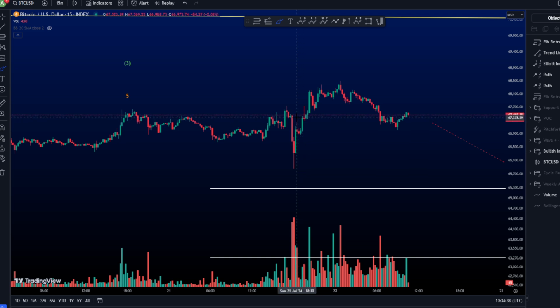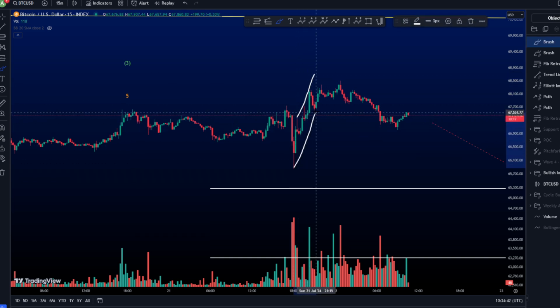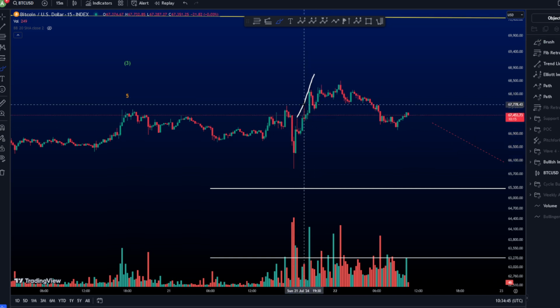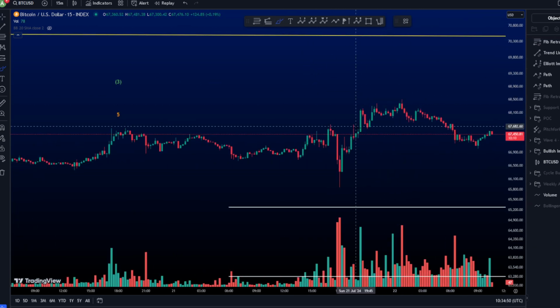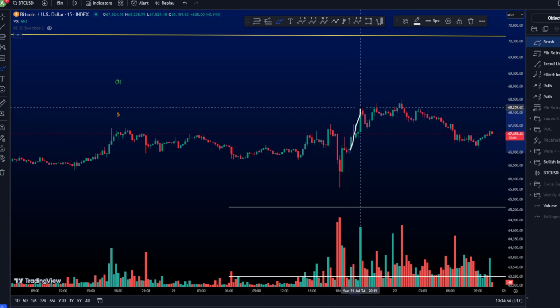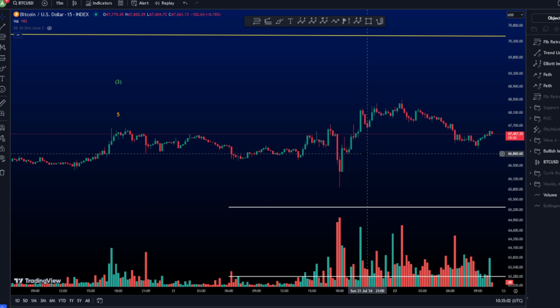If we want to take it as a diagonal, it's also not a diagonal. It's very parallel, first. And second, if we take this 1, 2, and 3, the third wave is bigger than the first one, and this is not allowed in Elliott wave.